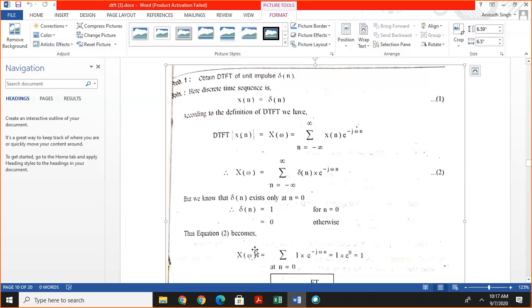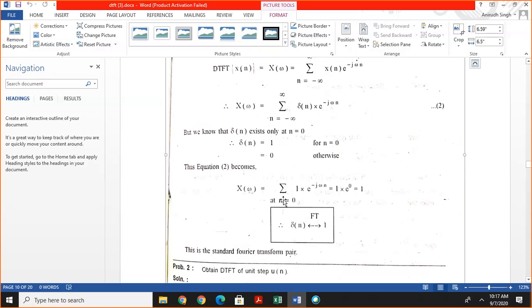So we can say that X of omega is the term at n equal to 0, because this delta function exists only at n equal to 0, and 1 is multiplied by e^{-j omega n}, which is equal to e to the power 0, and the value of e to the power 0 is 1. So we get the Fourier transform of delta n is 1.